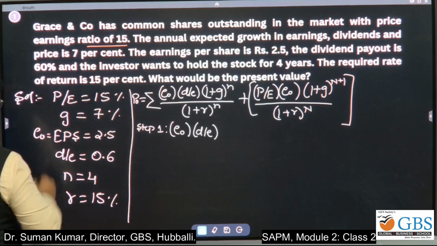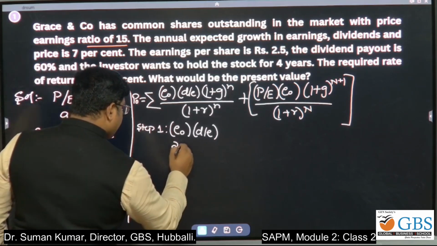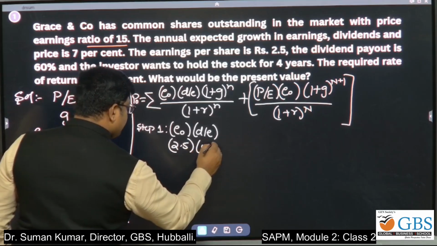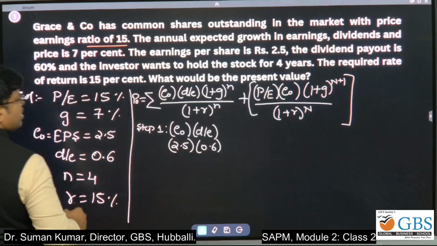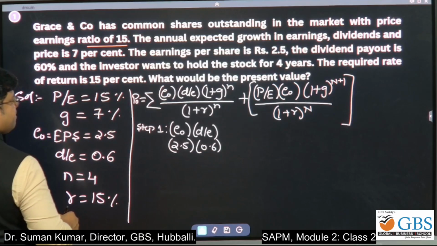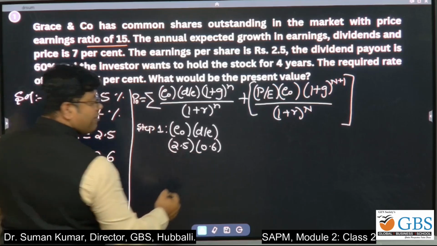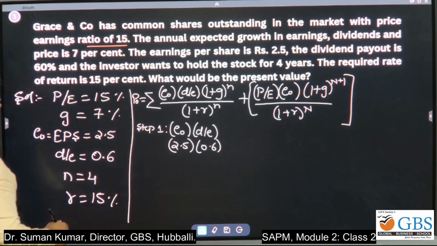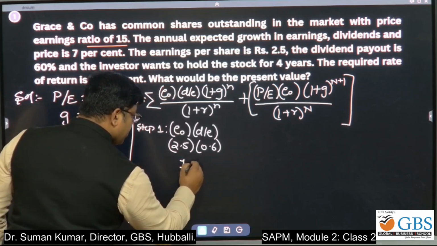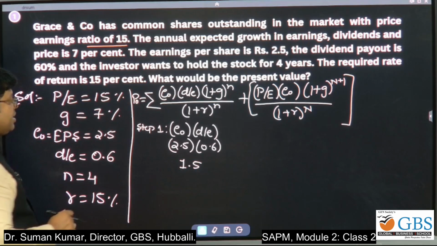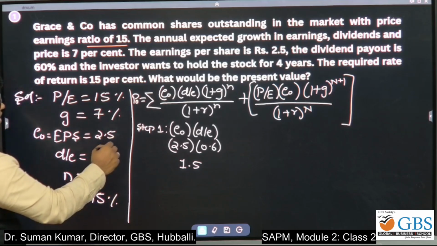E naught is 2.5 into 0.6 gives us, please, what is the value of 2.5 into 0.6? 1.5. That's it, right? So this is step number 1.